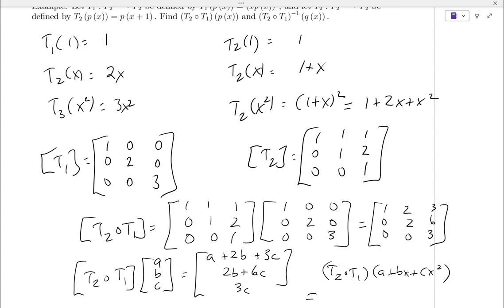Again, the answers here that we get are the coordinate vector. They're the coordinates of the output with respect to the basis in your codomain. Well, our codomain still is P2, so those are coordinates with respect to P2. So what's your constant term of the output going to be?